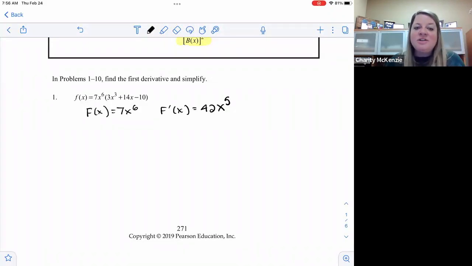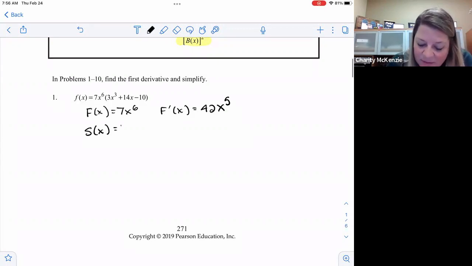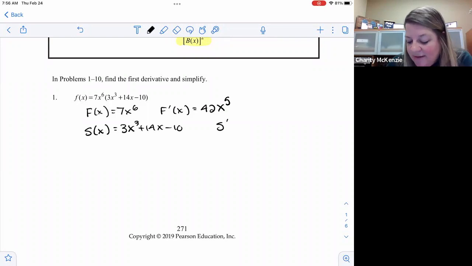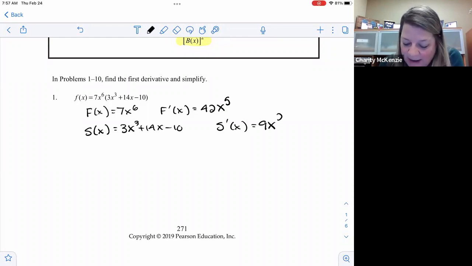So I did the first and then the derivative of the first. Now the second term is 3x to the 3rd plus 14x minus 10. And the derivative of the second is 3 times 3 is 9x squared plus 14. Then we'll put it together.